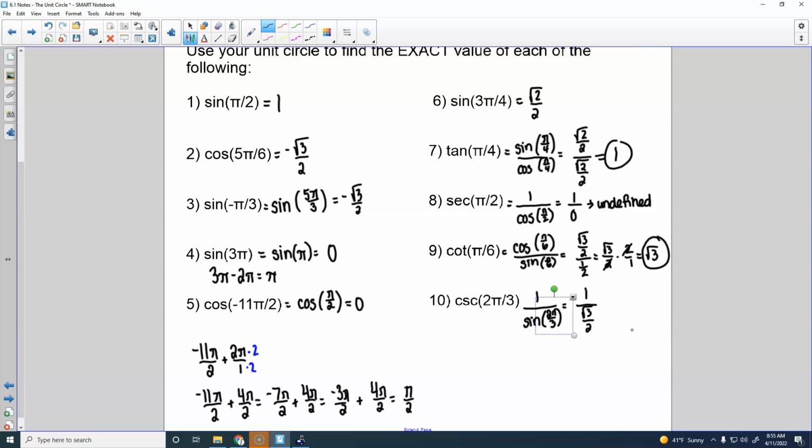This is technically correct at this point, but you need to simplify it. So 1 times 2 over square root of 3 gives us 2 over square root of 3, but we need to rationalize that denominator, so we'll multiply by the square root of 3 on top and bottom. So we will get 2 square root of 3 over 3 for our answer.